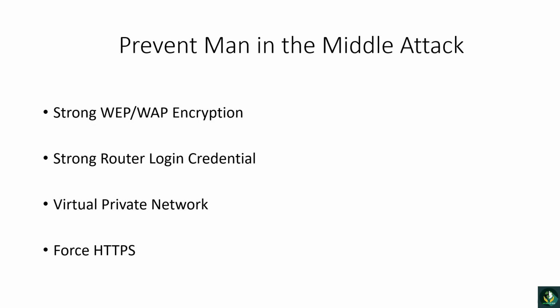It's essential to make sure that your default router login is changed, not just your Wi-Fi password but your router login credentials. If an attacker finds your router login credentials, they can change your DNS server to their malicious server, or even worse, infect your router with malicious software.